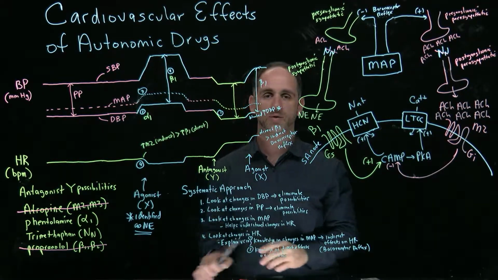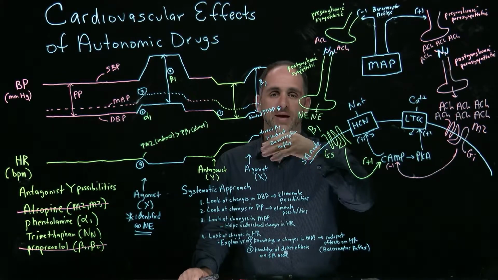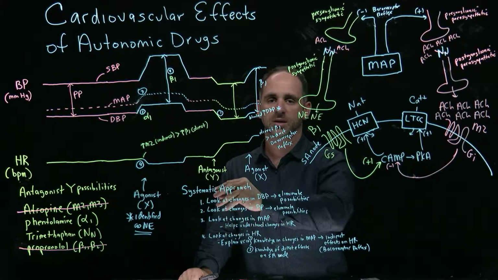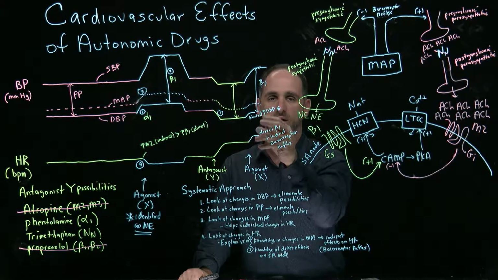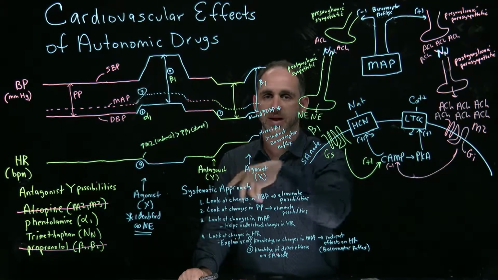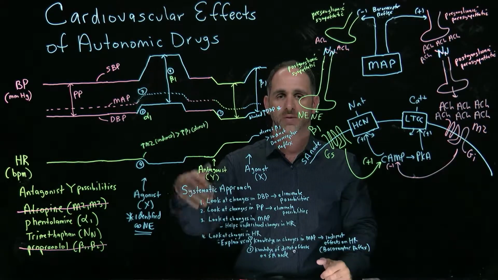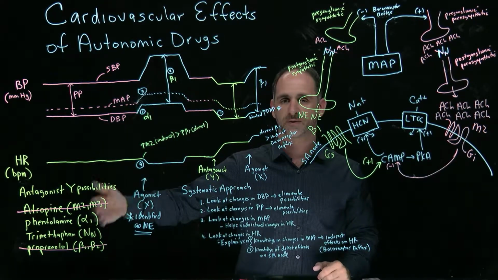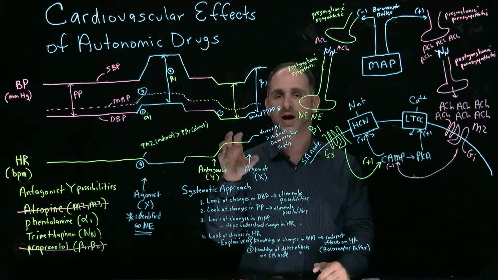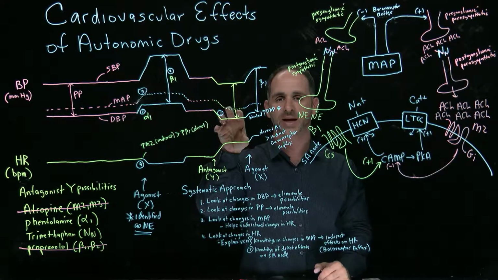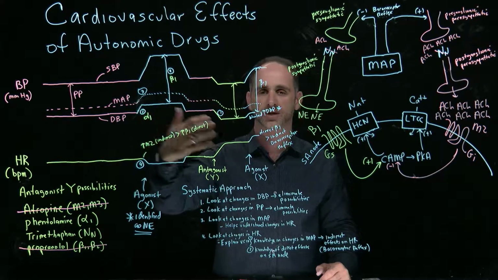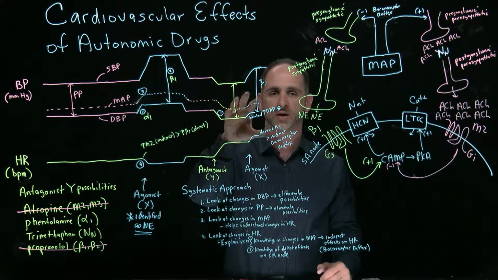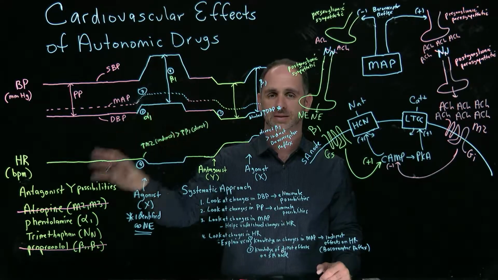Okay? So that would be the way that you would use the agonist in the presence of the antagonist to try to figure out the identity of the antagonist. Now, that's not always necessary. When we look at an example of atropine or propranolol, those are actually pretty obvious what those are, and you may not have to look at what the agonist does in its presence. But it's good to go through the exercise anyway to try to figure out why the changes are happening when you give an agonist in the presence of an antagonist.